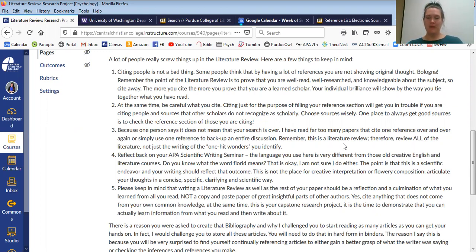Reflect back on APA, making sure, again, of the language, as you've read. Some articles are more written for publication than they are for research experiments, so you get a little bit of a mix, but this isn't fun reading. Claire's like, no, I disagree.